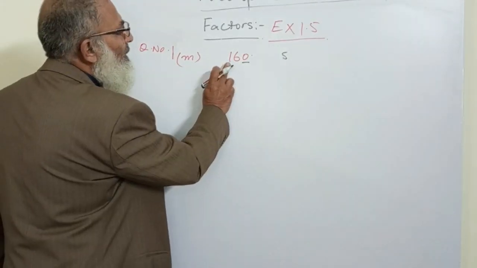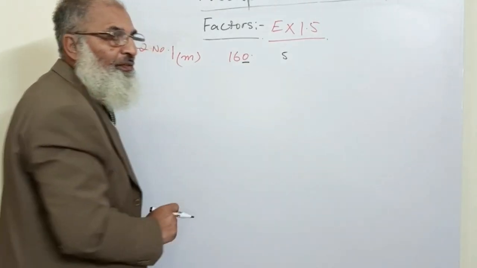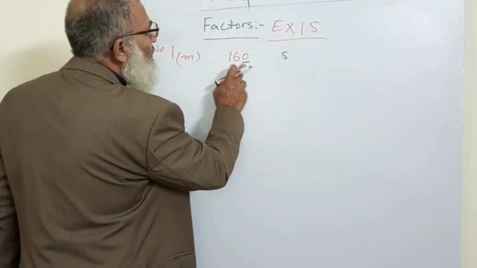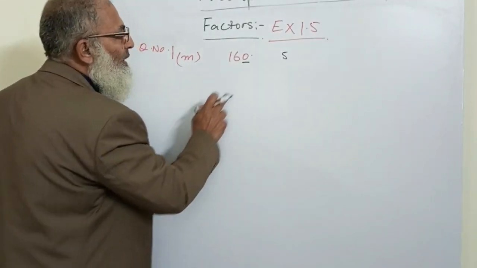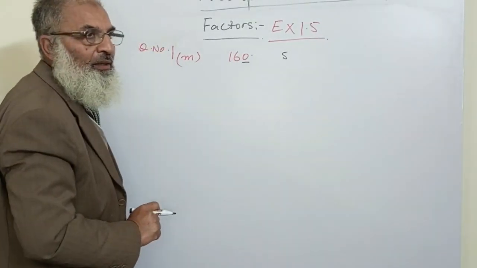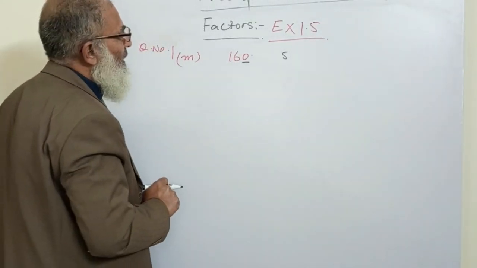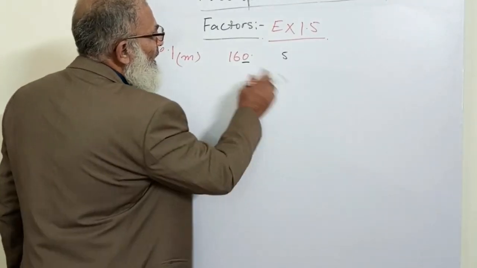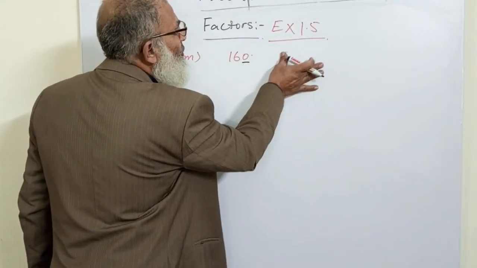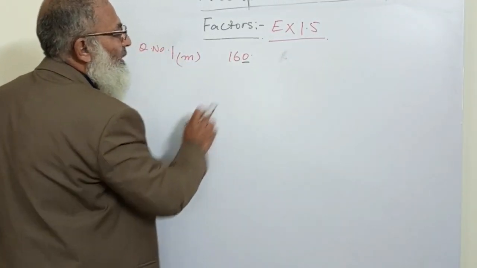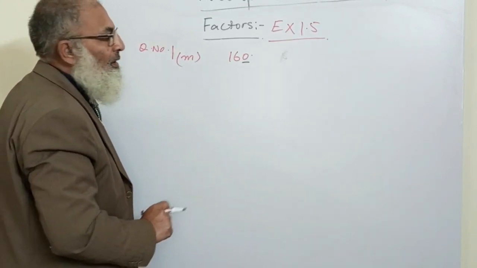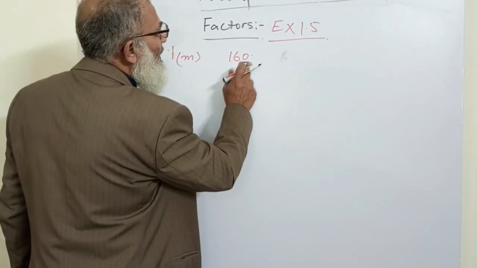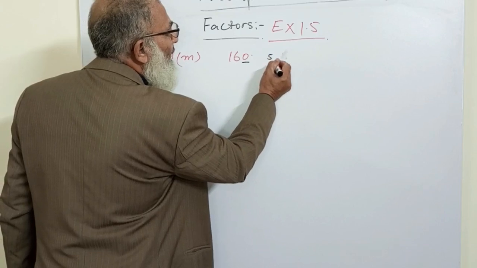If you get 0 or 5 at the end of any number, then it is divisible by 5 or 10. And if you find 0 at the end of any number, then it is divisible by 5 and 2.